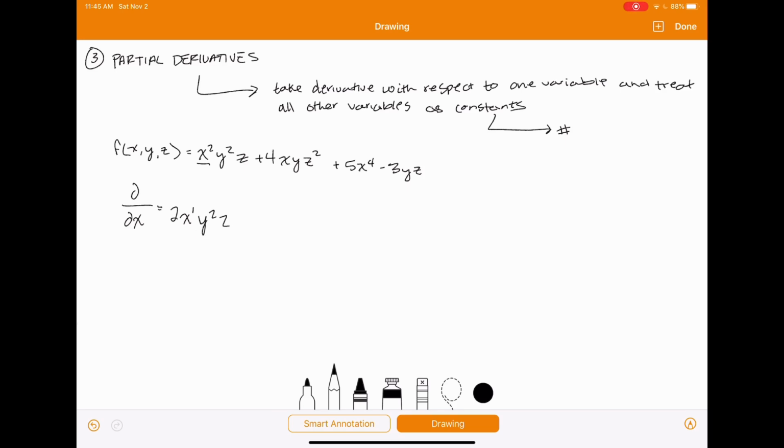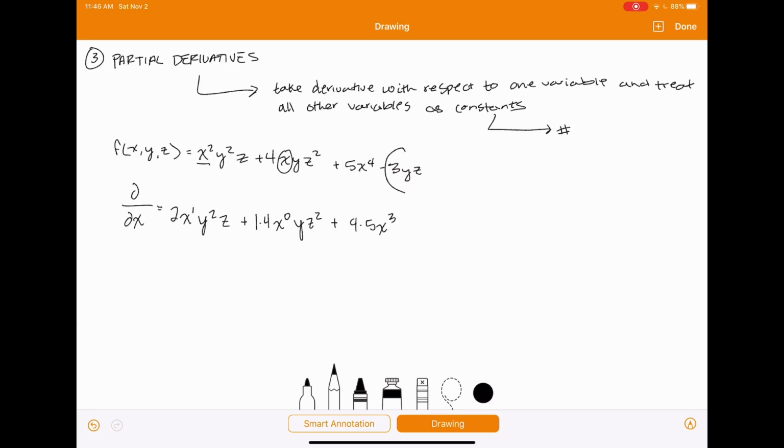So y squared z plus x in this case is just a 1, so that's 1 times 4, x to the 0 power, leave everything else the same, yz squared, plus, this one's just regular, so 4 times 5x cubed.